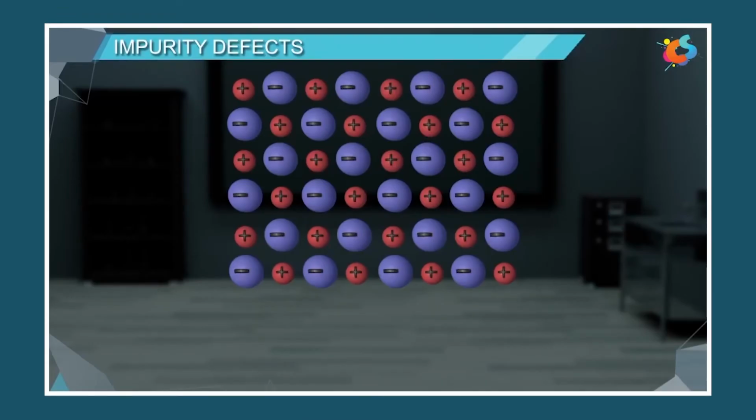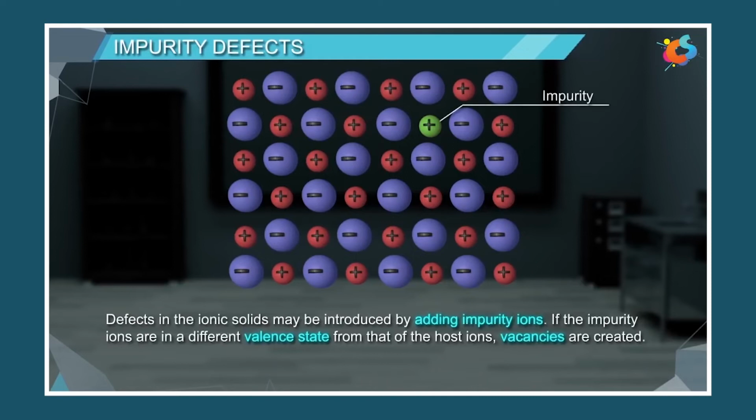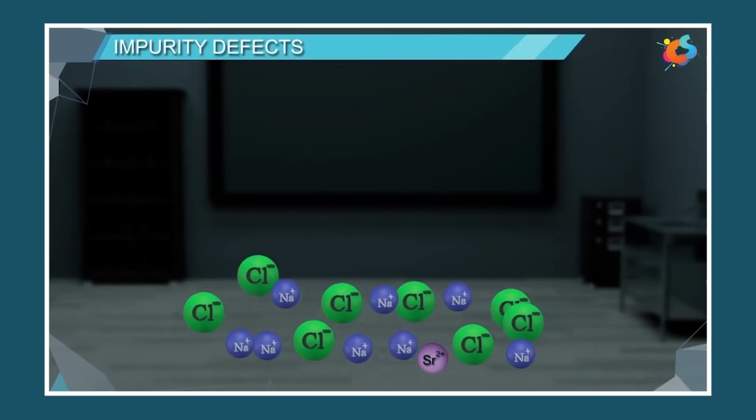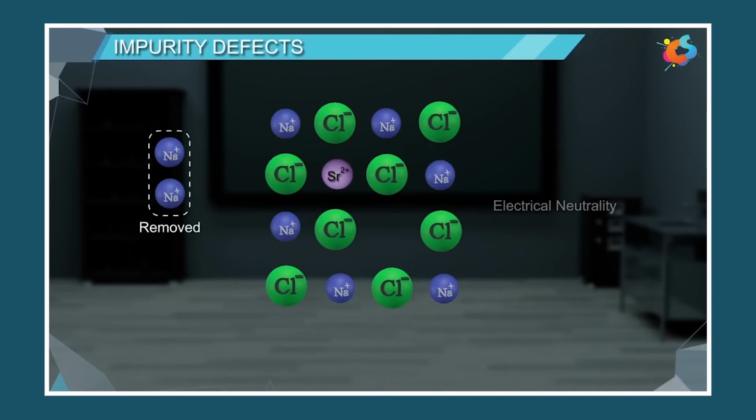Sometimes positive ions are found missing from their lattice site and the electrical neutrality is maintained by the presence of some foreign positive ions. Such an imperfection is called a substitutional impurity defect. Example, suppose two silver ions are missing from the AgCl or AgBr lattice and one of these cation vacancies is occupied by an ion of comparable size, say cadmium 2+, leaving still one cation vacancy in the crystal.